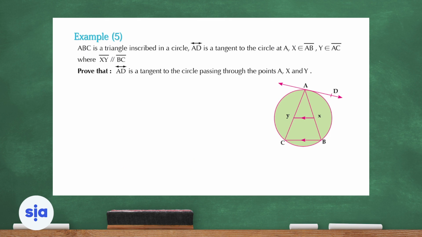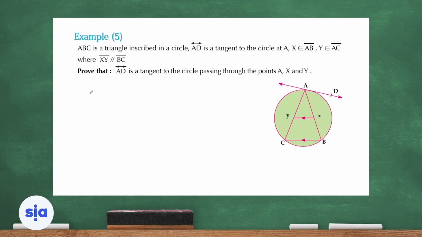Triangle ABC is inscribed in a circle where AD is a tangent to the circle at point A, where X belongs to segment AB and Y belongs to segment AC, and XY is parallel to BC. The question is asking us to prove that AD is a tangent to the circle passing through the points A, X, and Y. You will see here that AD is a tangent.